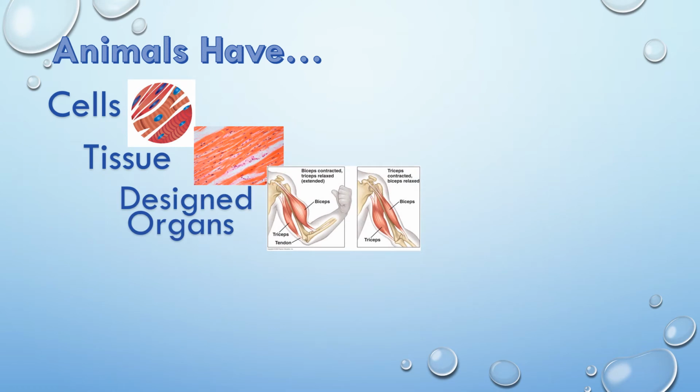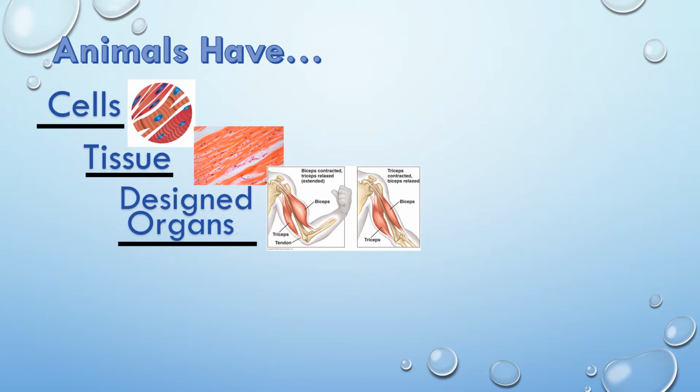So when I look at animals, we have three main categories: it has cells, those cells come together to make tissue, and that tissue comes together and makes a designed organ. In this image I have the bicep and the tricep of the human. Not all organisms that are animals are going to have a bicep and a tricep, but hopefully you understand that they have a designed organ that is made up of tissue, and that tissue is made up of cells.